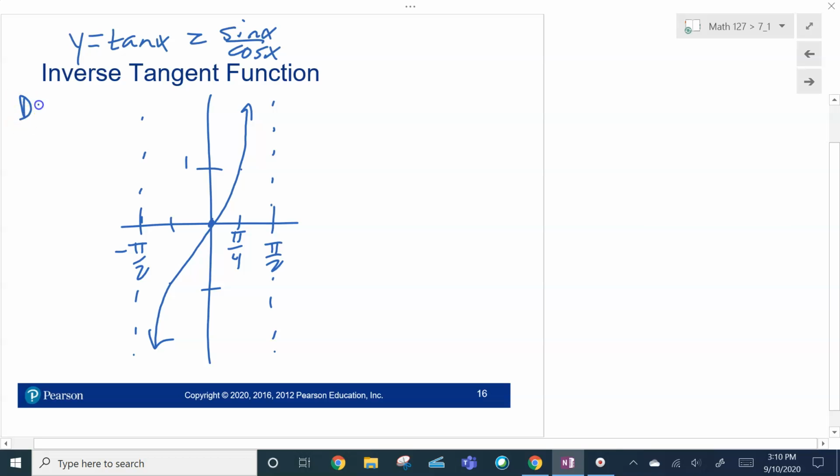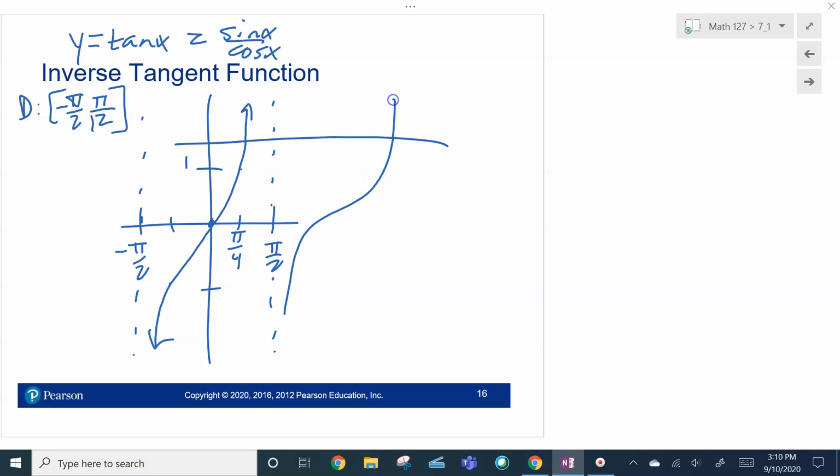So we restricted the domain from negative pi halves to pi halves so it'd be one-to-one and pass the horizontal line test, because the horizontal line was hitting these other ones more than once.